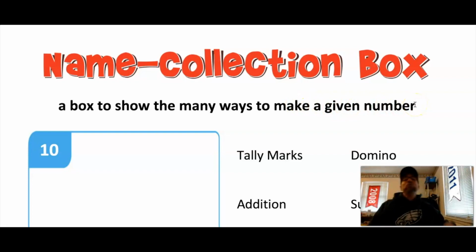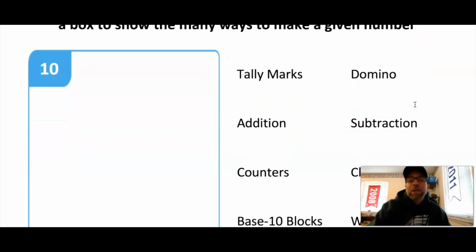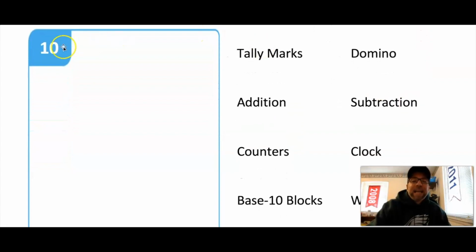So let's use our whiteboard and name the number 10 lots of different ways together. Get your whiteboard ready, and write the number 10 in the corner of your whiteboard, because this name collection box is all about the number 10.